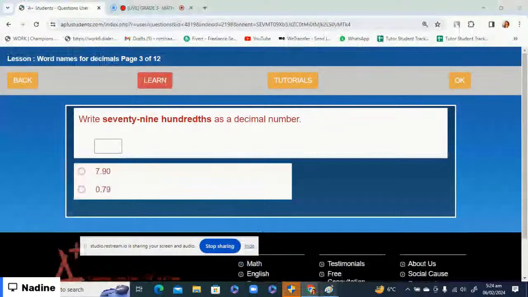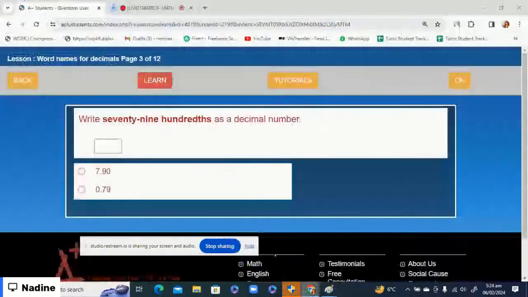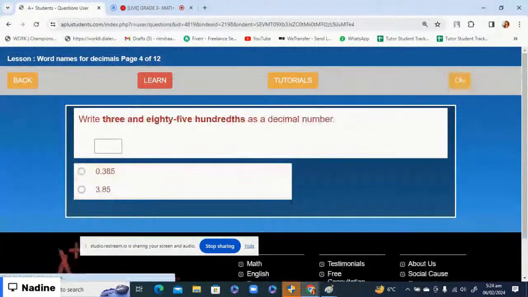So this is 0.79. All right, now let's do this one. Good. No, it's not 790. It's 0.79.